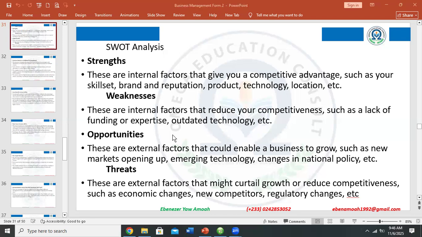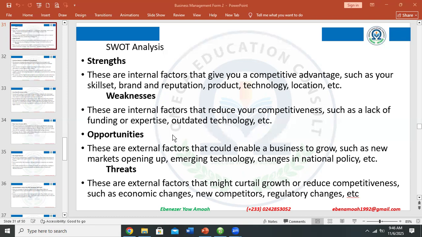I think GCB, let me be specific, Ghana Commercial Bank, now they call them GCB Bank, got that opportunity because certain financial institutions were shut down. GCB didn't have any control over shutting down financial institutions, but it happened. And that gave them some opportunity to have more customers. So that is one example of opportunities.